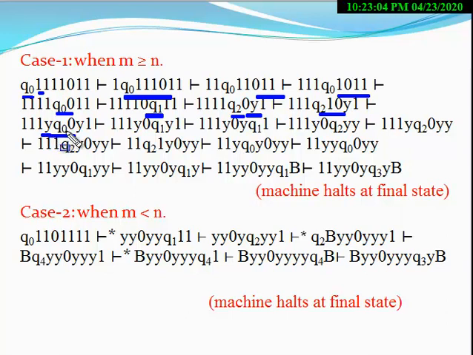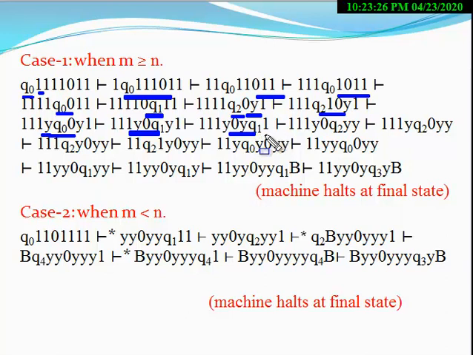Now at the state Q0, 0 again appears, and the machine changes its state from Q0 to Q1. At Q1, Y appears, therefore the machine again moves to the right side, right?